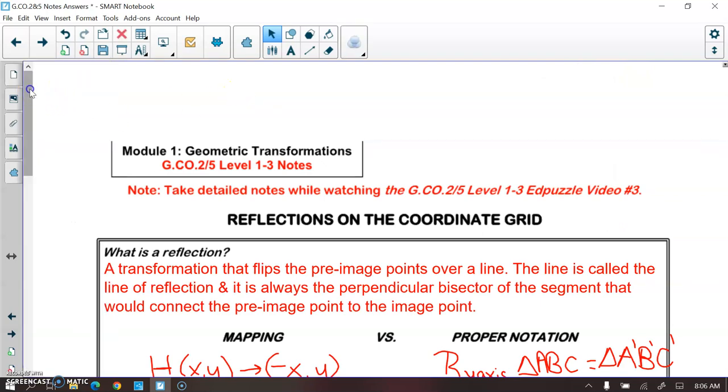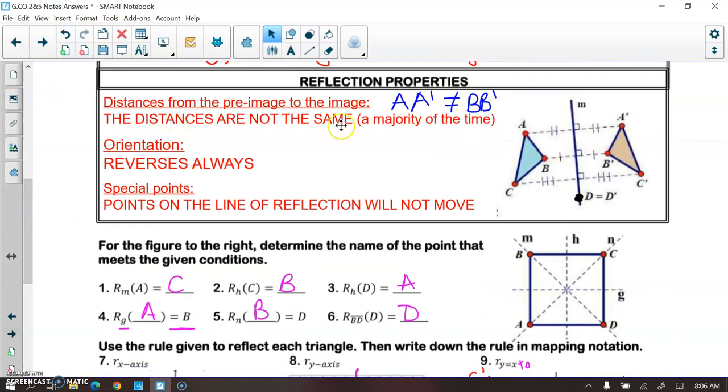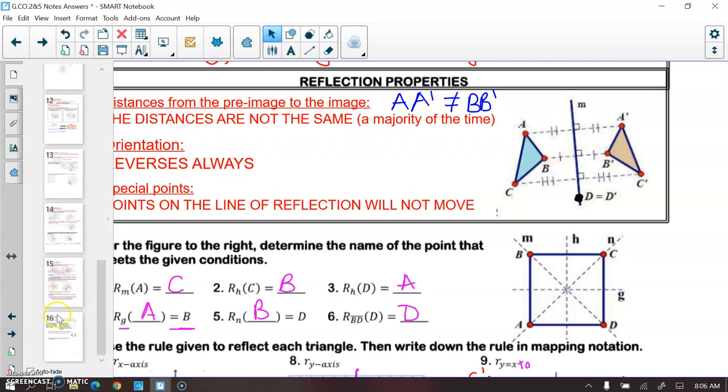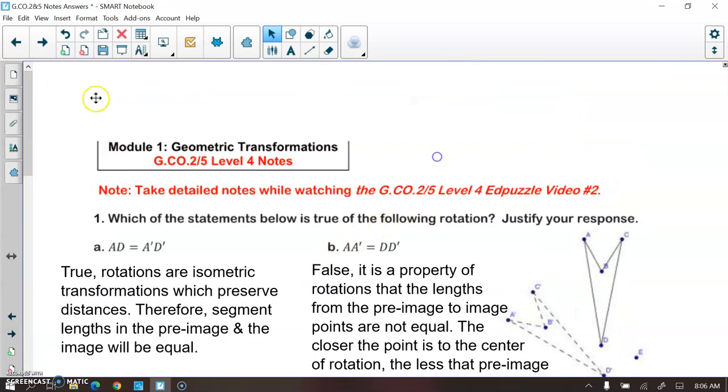So with reflections, the distances between the pre-image points and the image points are not the same. So A to A prime is not equal to B to B prime. And the orientation reverses, and then points on the line of reflection will not move. So keep those in mind as we're going throughout this problem here.